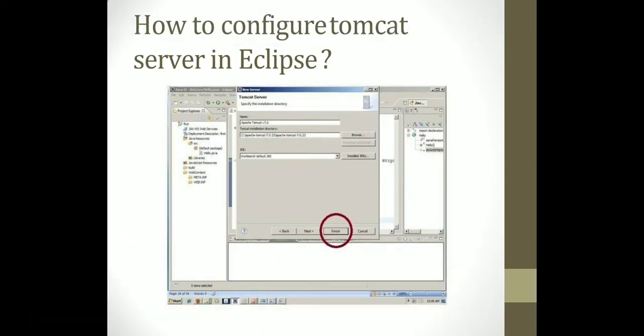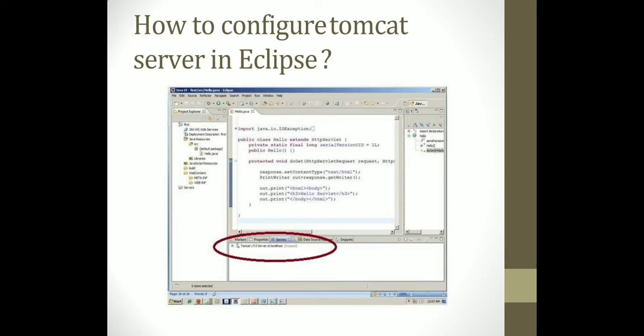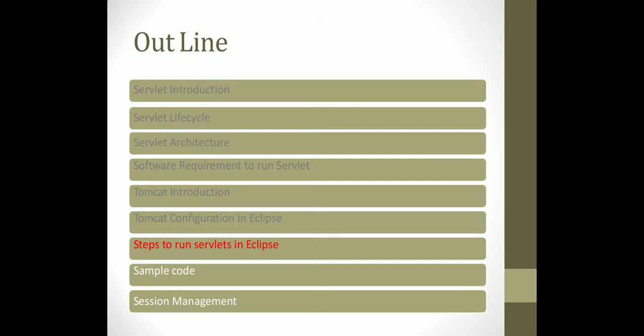After that, just click on finish. Then you can see the Tomcat version server at localhost message. Following all these steps, you are good to run your servlet in Eclipse.